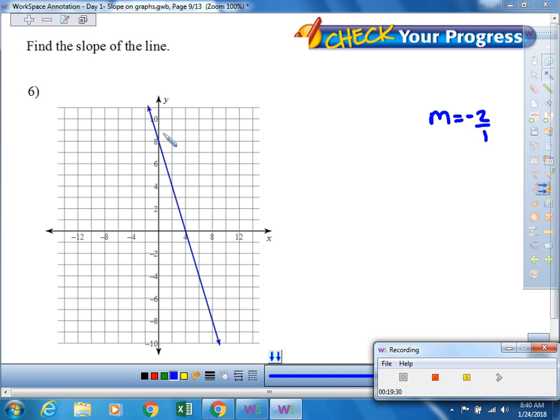Okay, so let's put a couple points. What's the scale going by on the y? First of all, I look, it's a negative slope. So 1, 2, 3, 4 over, what's the scale going by? 2. Over 2.